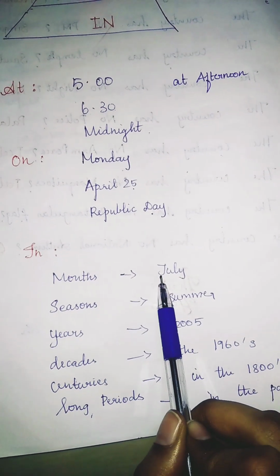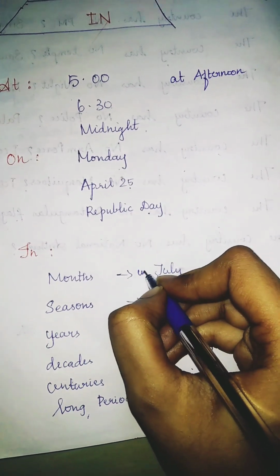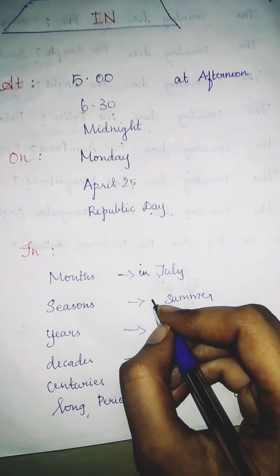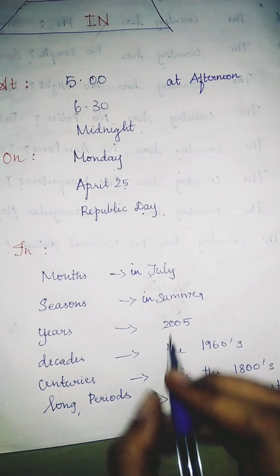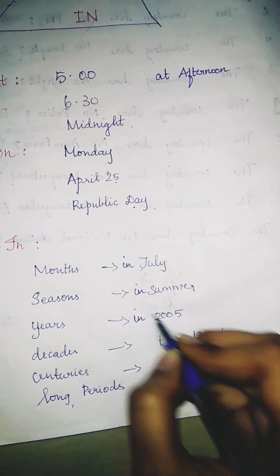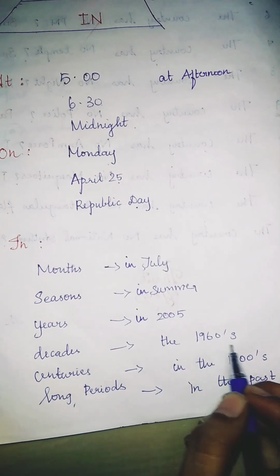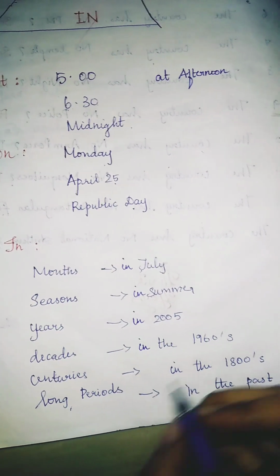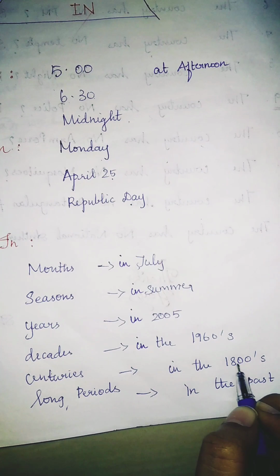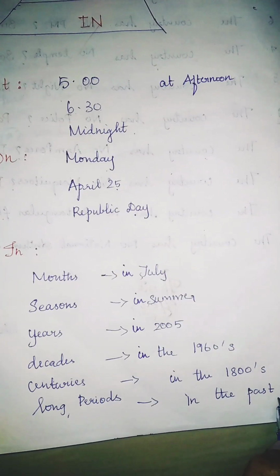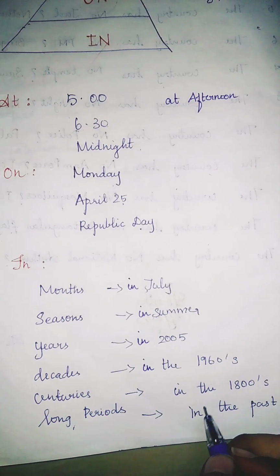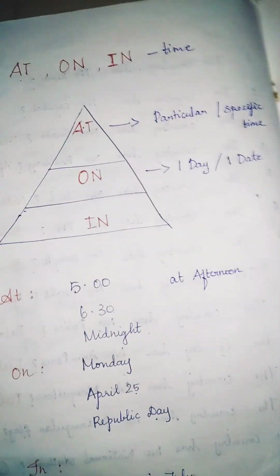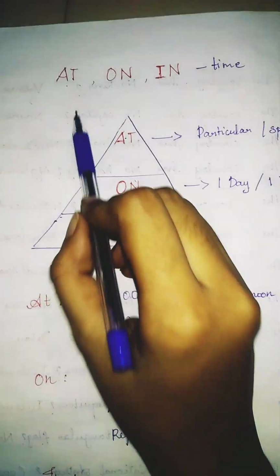For example, in July, in summer, in 2005, in the 1960s, in the 1800s, in the past. So, we use in for something wider than on and at.